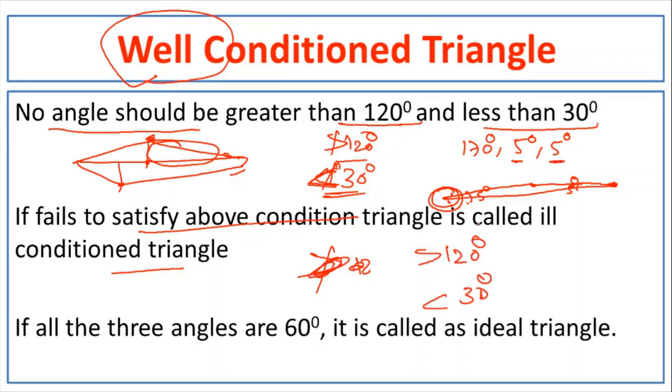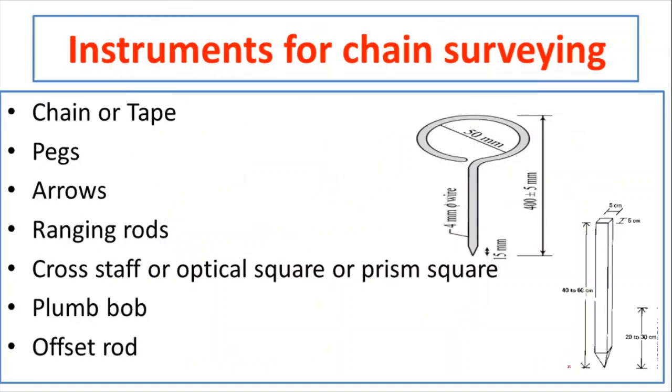In the given triangle, if one of the angles is greater than 120 or less than 30 degrees, that is called an ill-conditioned triangle. Suppose in the triangle all three angles are 60 degrees, it is called an ideal triangle. So remember that in chain surveying, whatever triangle you are going to form must be a well conditioned triangle.